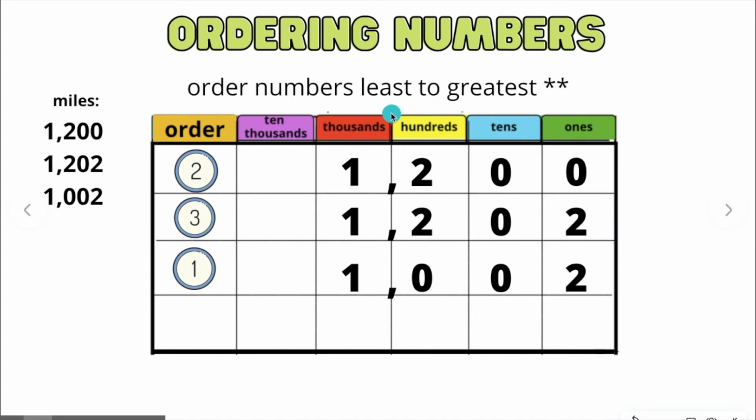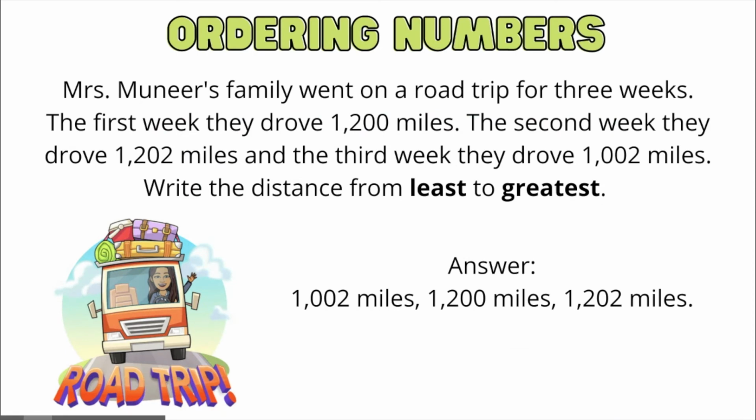It wants it from least to greatest, smallest to biggest. And this is your answer: 1,002 miles, 1,200 miles, 1,202 miles.